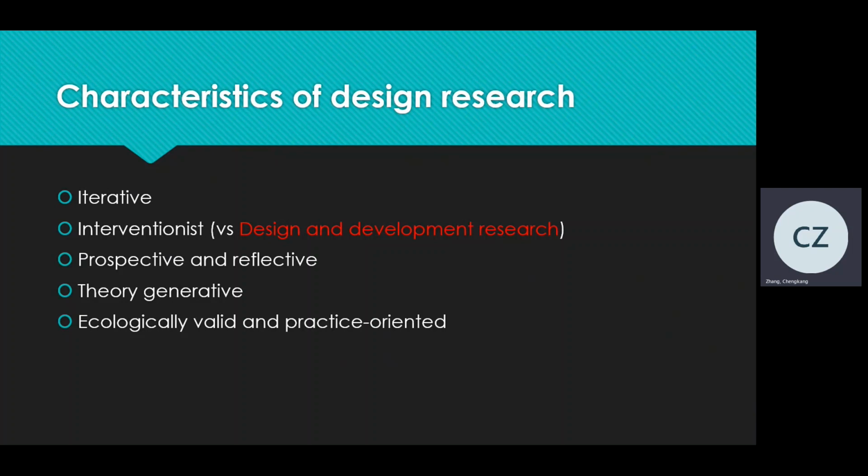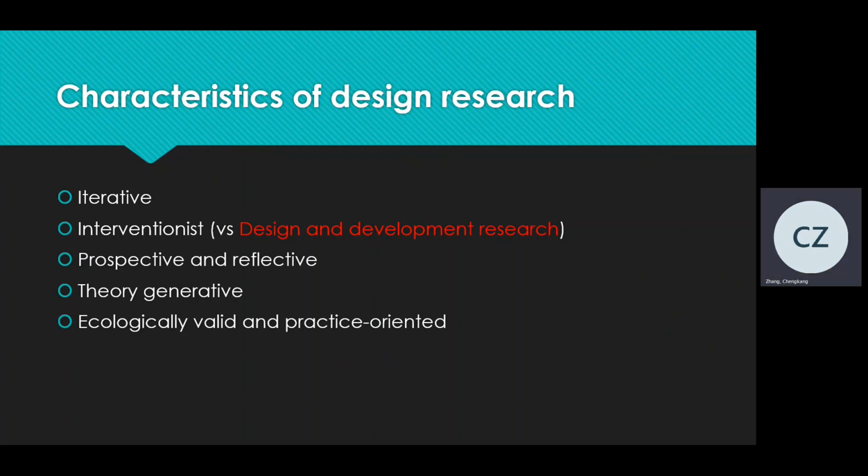Now we know all the characteristics of design research, and we can use them to further distinguish design research from some other research that looks similar. For example, the first one is design and development research.